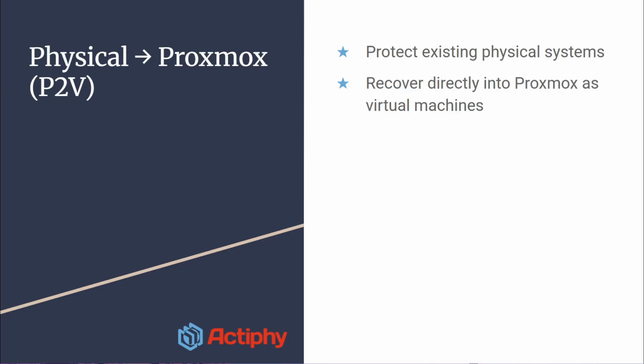Once a physical system has been protected as a full image, virtualization becomes a recovery operation, not a rebuild. The protected image can be restored directly into Proxmox as a virtual machine. There is no need to reinstall the operating system, no need to manually migrate applications, no need to reconfigure services from scratch. The system is restored in its entirety. Operating system, applications, configuration, and data now running inside the Proxmox environment.